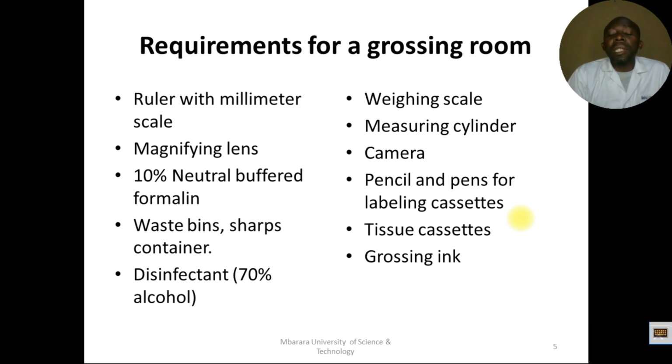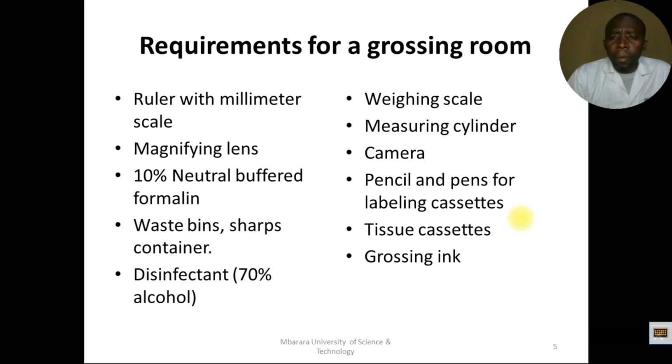This is the number which we shall have assigned to the tissue when it was received at the reception. It is the same number that we are going to include on the cassette after putting the tissue in it, and this number will follow the sample up to the time the results are out. It will be the same number which is going to appear.